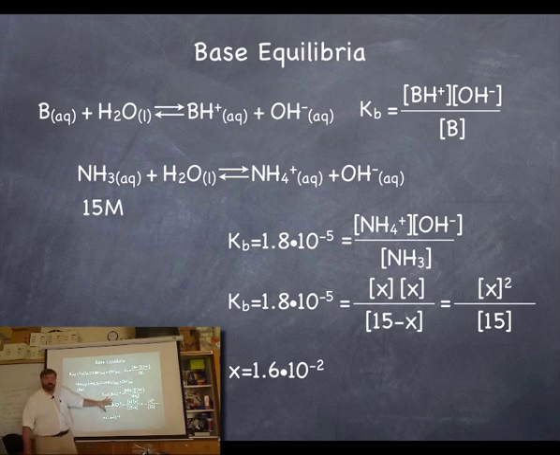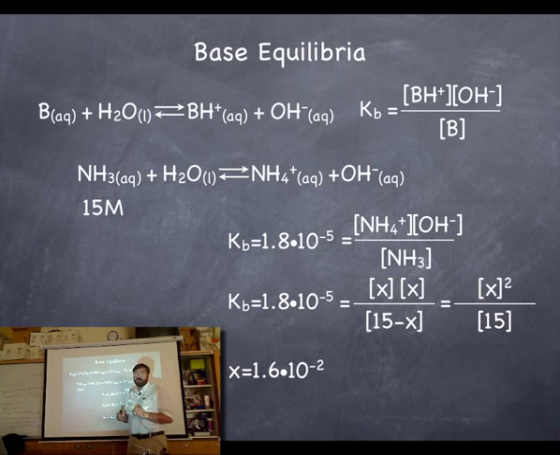This is not new. All this work right here is stuff we've been doing for the last 3 weeks. The new bit is just this stuff right here. When we talk about a base dissolving in water or a base equilibrium constant, Kb value, it's the base reacting with water to produce its conjugate acid and hydroxide.